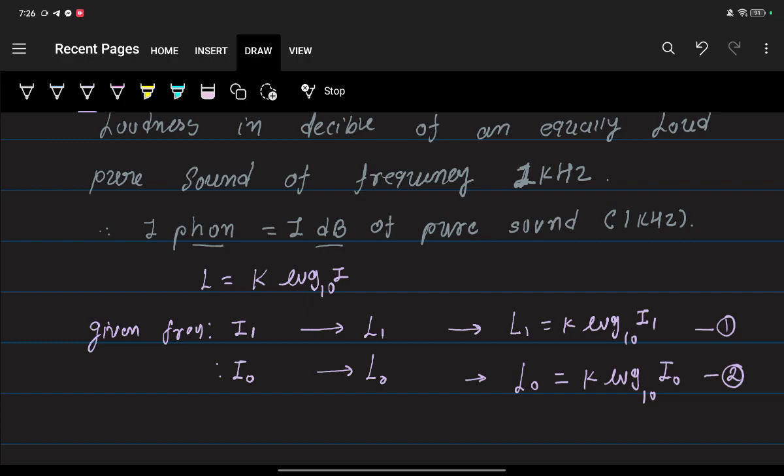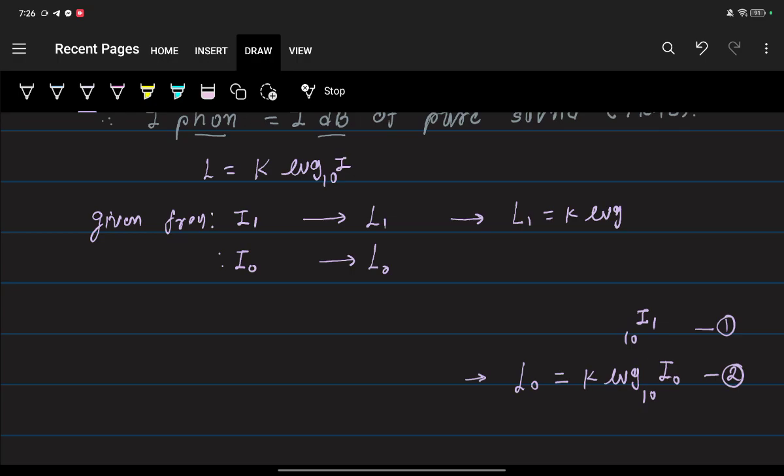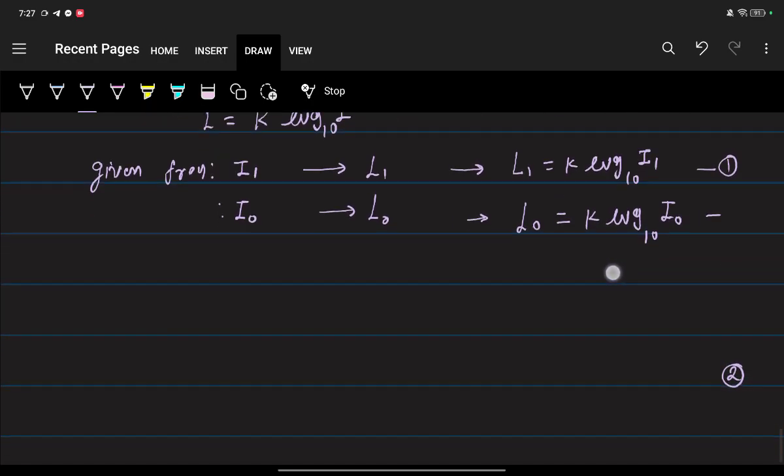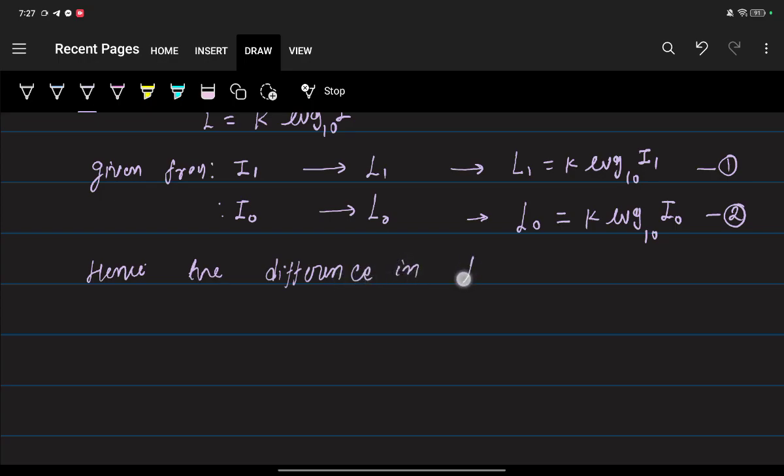Now, if you take the difference, hence the difference in loudness of these two sounds is L1 minus L0, which is equal to K in the bracket, log I1 minus log I0.